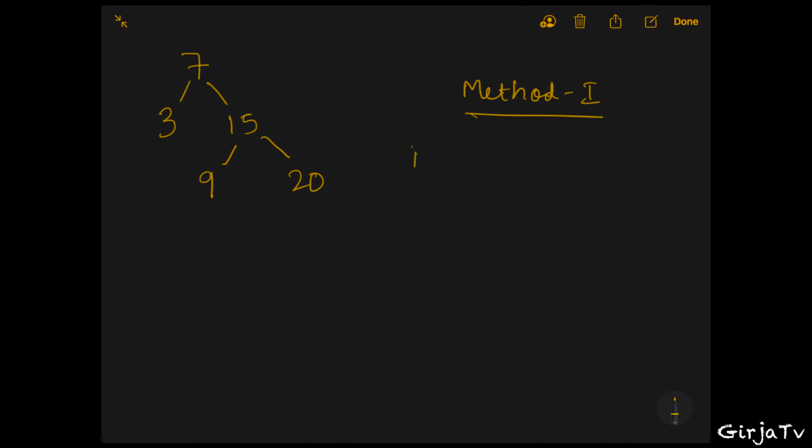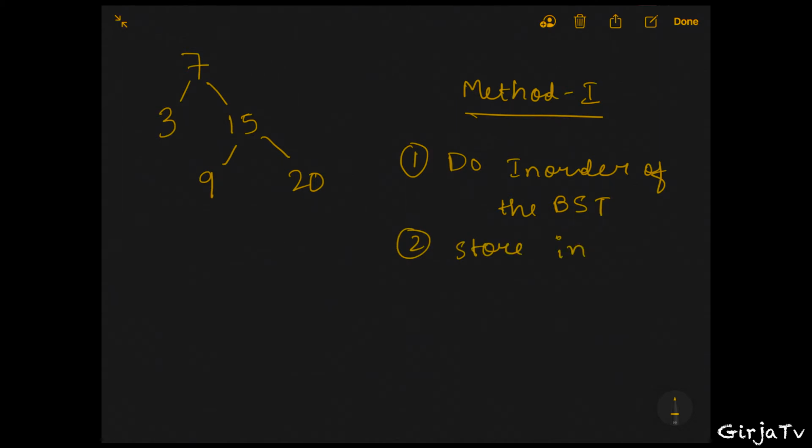First, do an in order traversal of the BST. Second, store it in an array, because arrays are very easy to manipulate, and here if we do a recursion on our tree, every time we have to stop at that point.